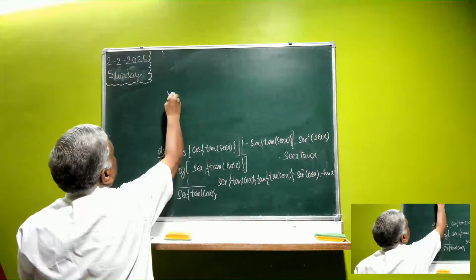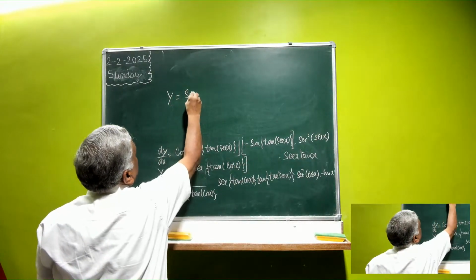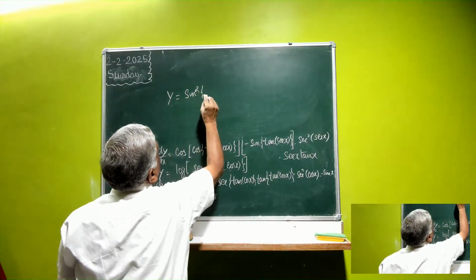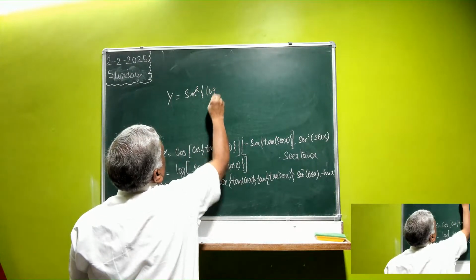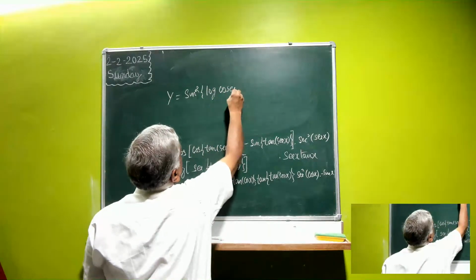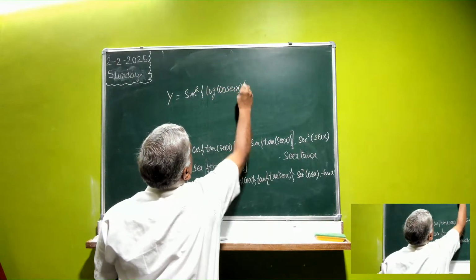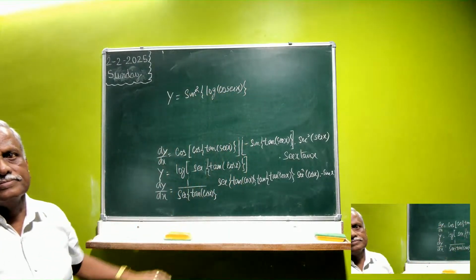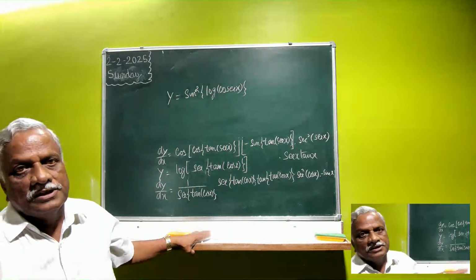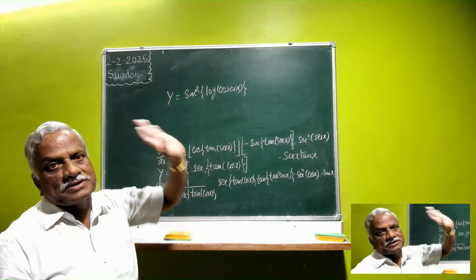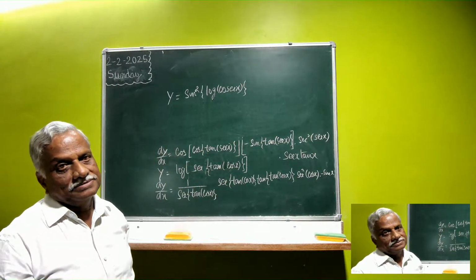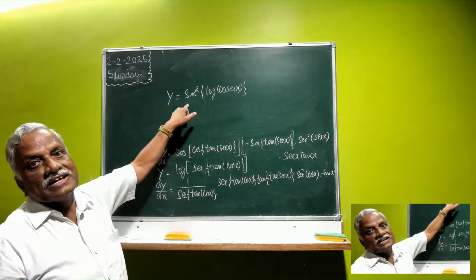Y is equal to sine square of log of cosecant x. Now here, this is the first obstacle that you should see. Normally students will think that it is sine.